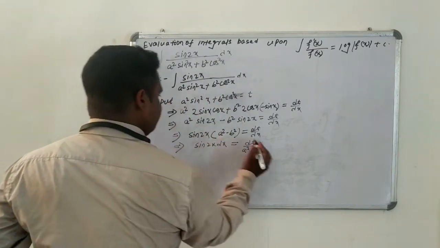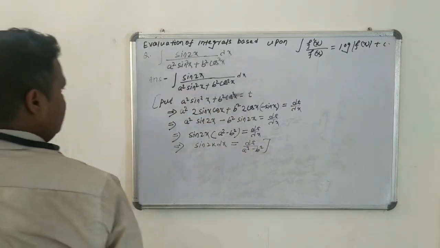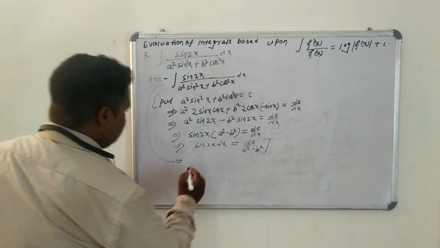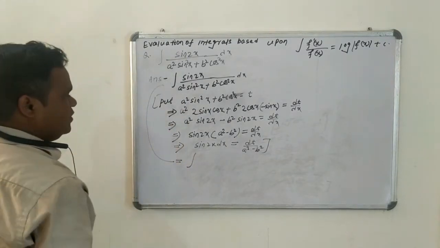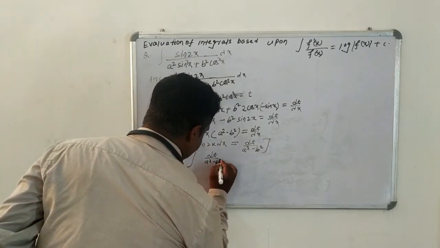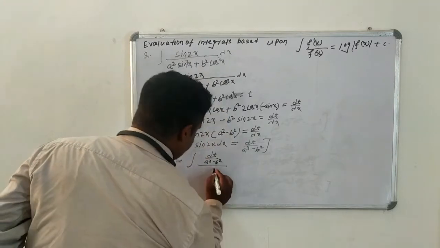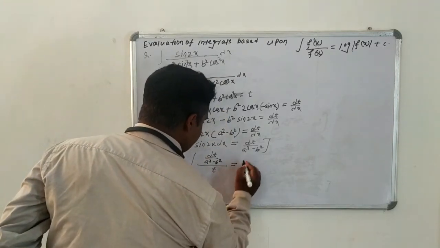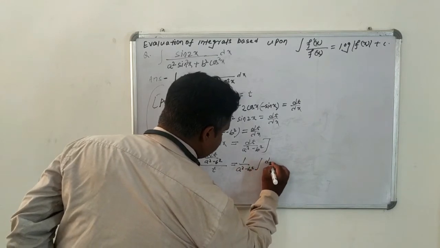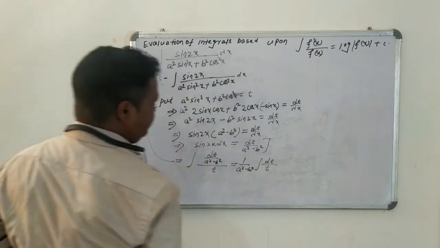Put this in the given integral, so your answer is now the integration of dt divided by a square minus b square, divided by t, so this equals 1 by a square minus b square in the integral of dt by t.